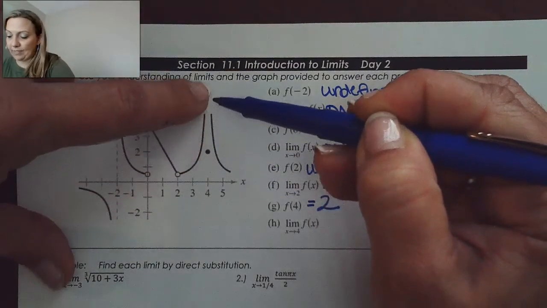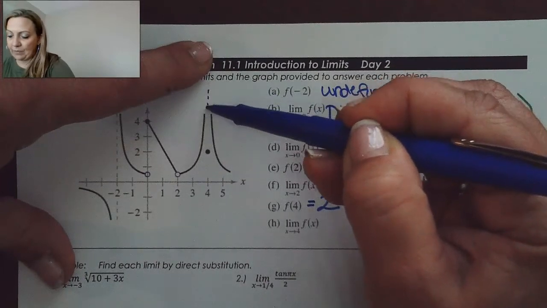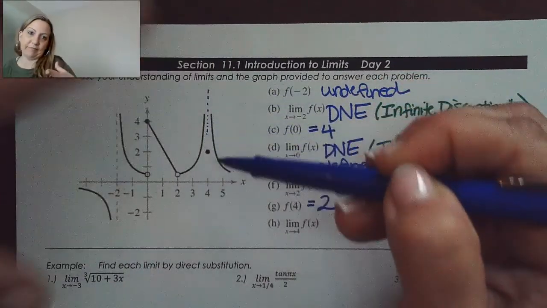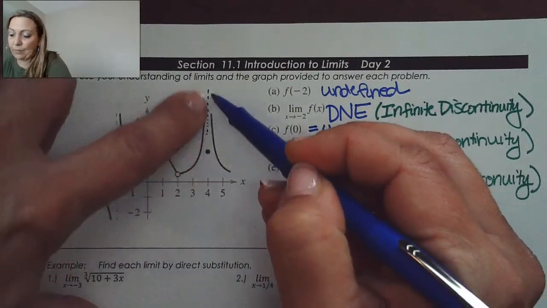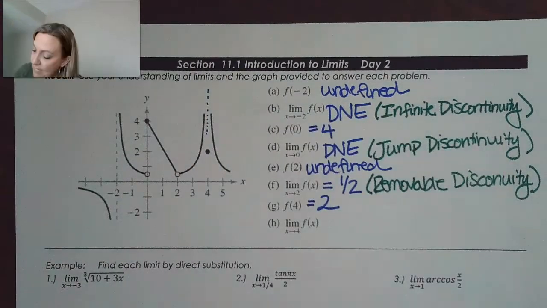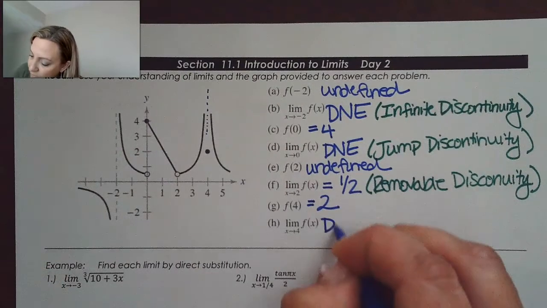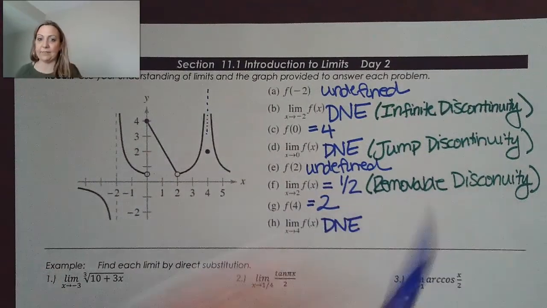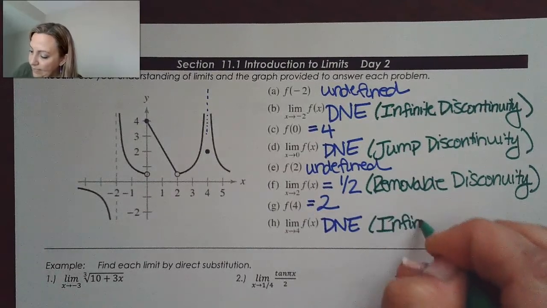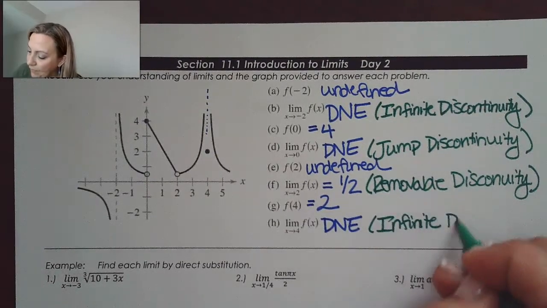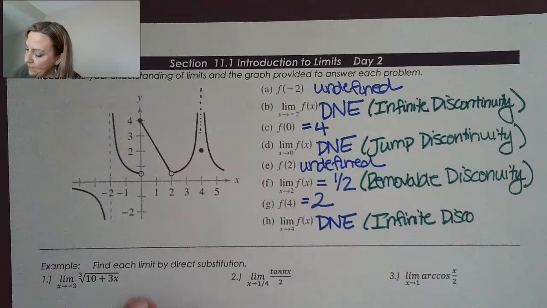Well, doesn't it look like there's an asymptote here? Obviously this is here, but in this case, notice that they're both approaching positive infinity. So this is a case where the limit does not exist. And again, because it's going towards infinity, this is an example of another infinite discontinuity.